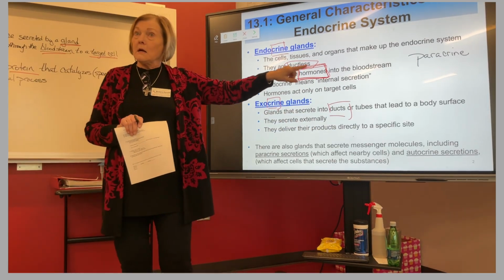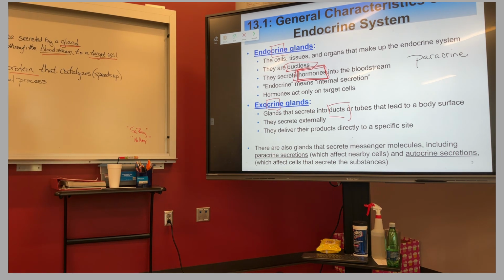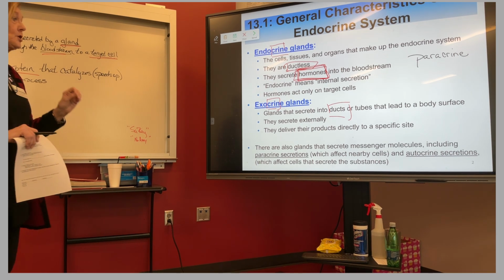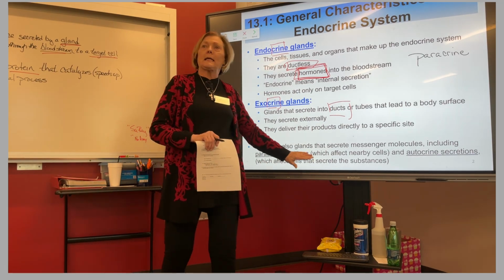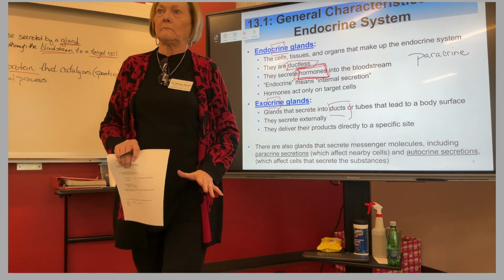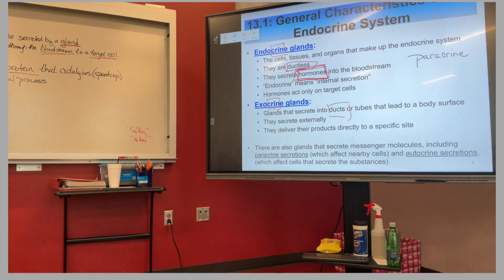Nearby. So a paracrine secretion does not travel through the bloodstream, or I would have called it a hormone. And my question to you is, what cells does it affect? Nearby cells. Nearby cells, okay?